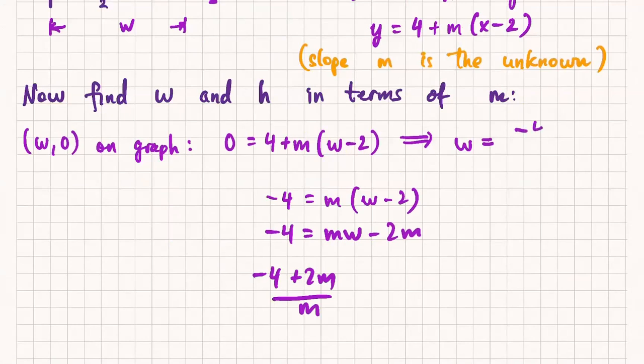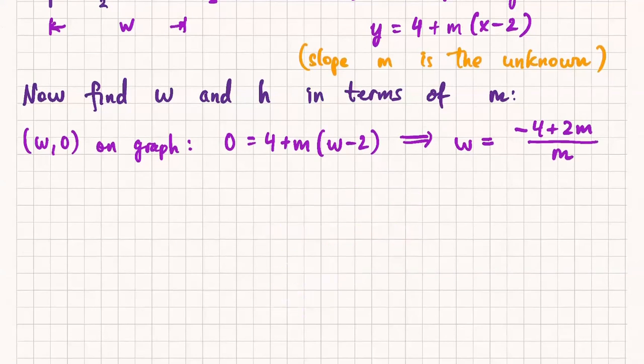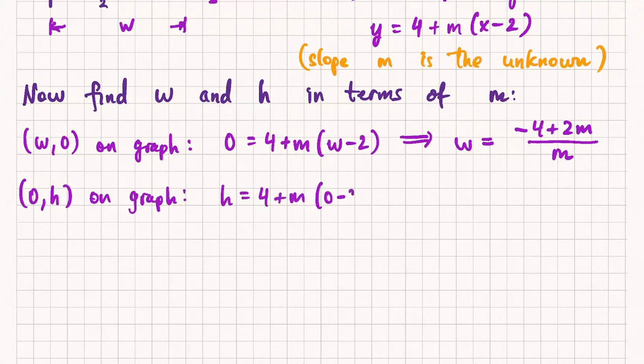Okay, so w equals negative 4 plus 2m over m. Now we use the fact that, and this will be easier, the other one, the fact that (0, h) is on the graph. That's h equals 4 plus m times (0 minus 2). So that gives us right away that h is 4 minus 2m.